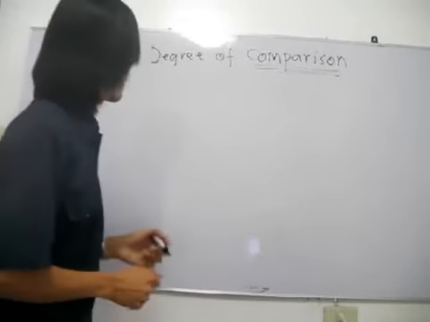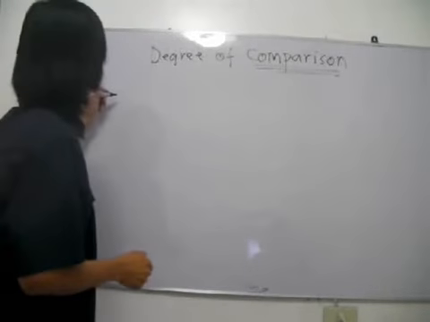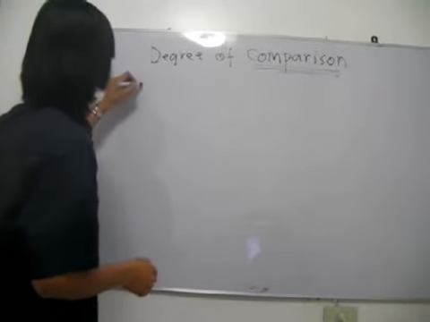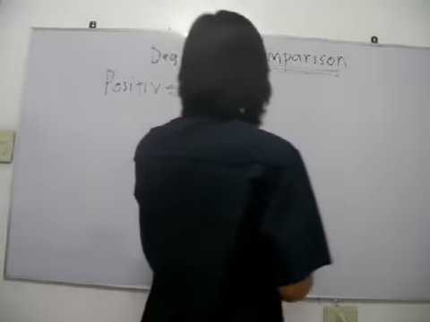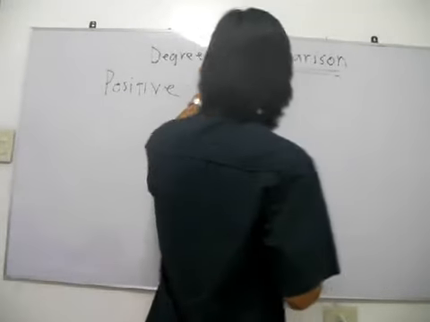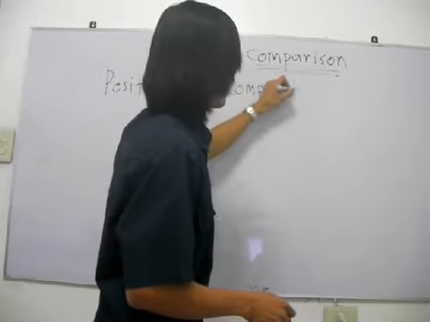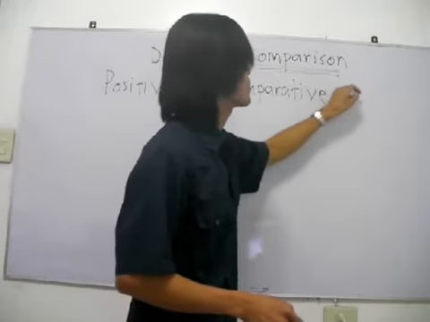Now under the degree of comparison, we have the so-called positive degree. Positive. Next, we have the comparative, and the last one is the superlative.